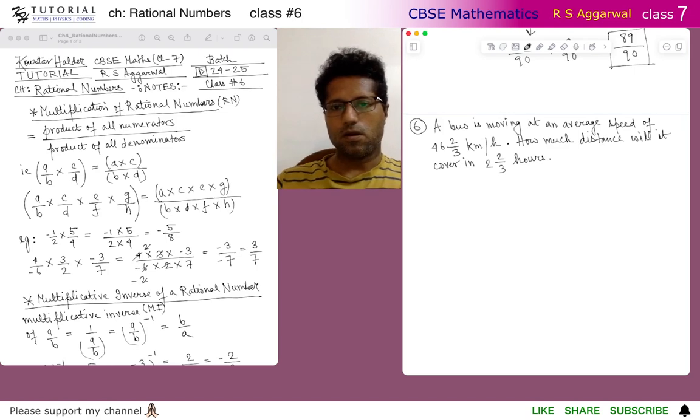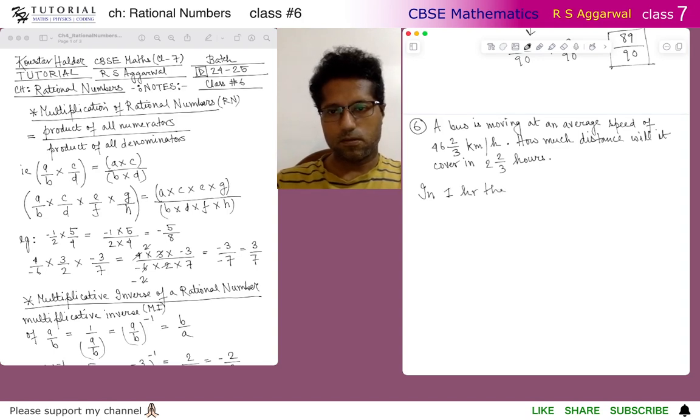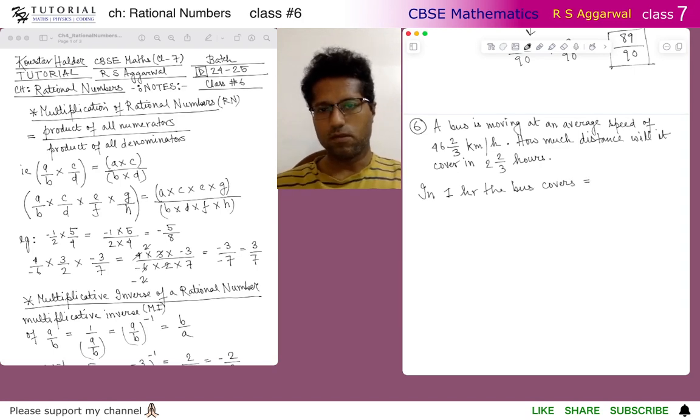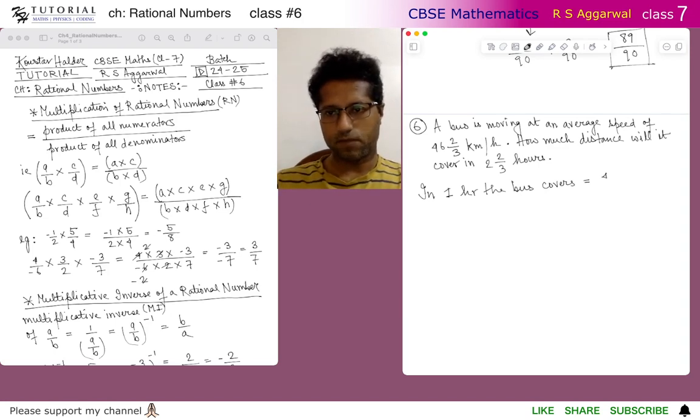So in 1 hour, the bus covers, the speed is given as 46 and 2 by 3 kilometer per hour. So that means in 1 hour the bus covers 46 2 by 3 kilometer.